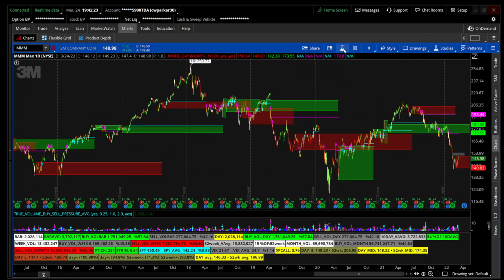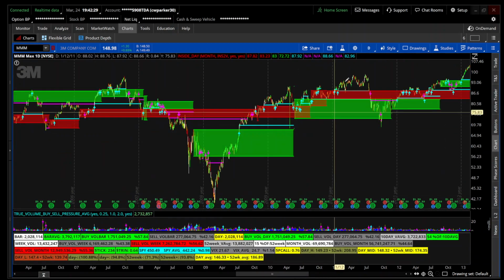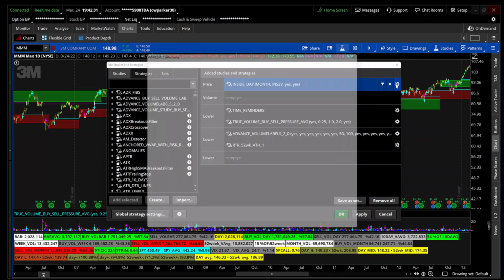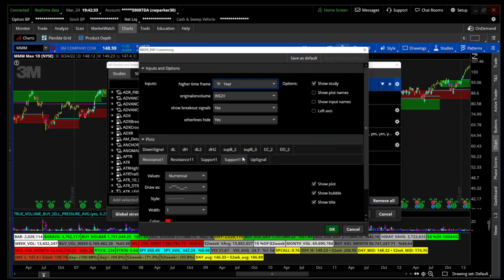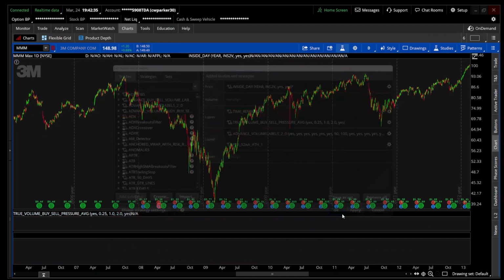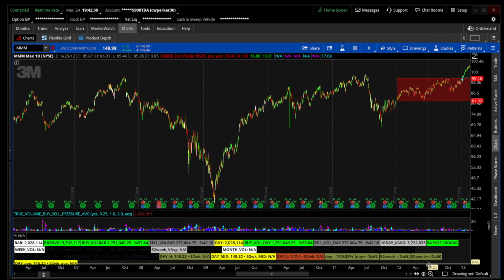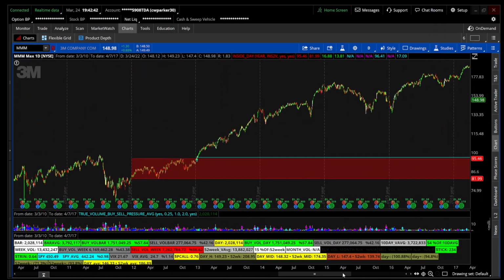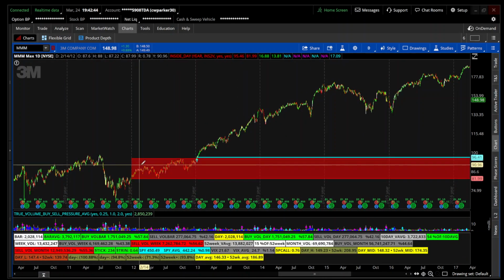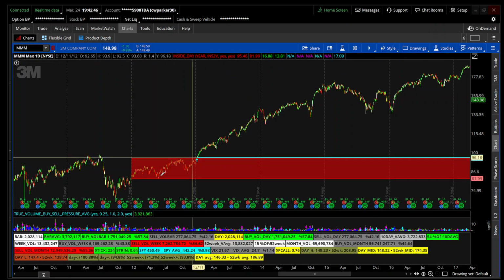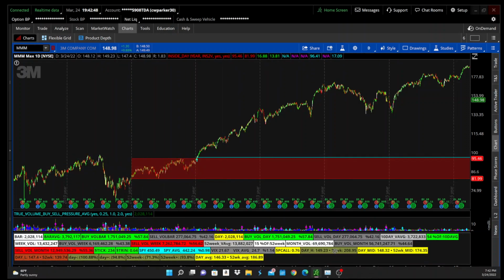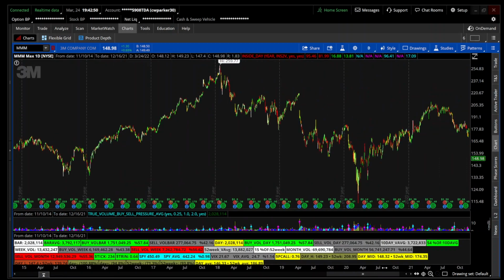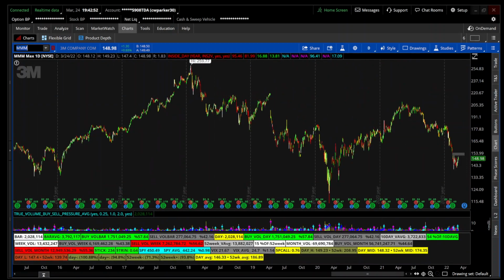So thinkorswim should have calculated everything, and right now this is giving us a lot of information. So we're gonna see what it does if I put this thing on a year. It shouldn't do anything. That's crazy. It brought up this entire year, which is crazy to me. But it shows that the indicator works. So that's 3M.